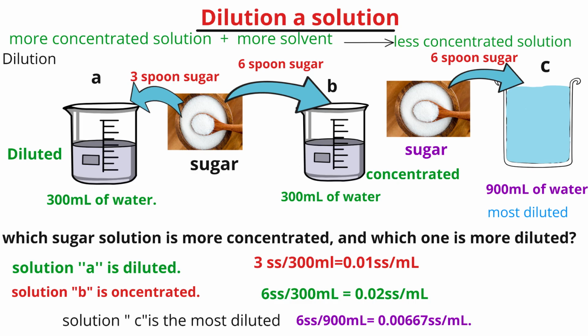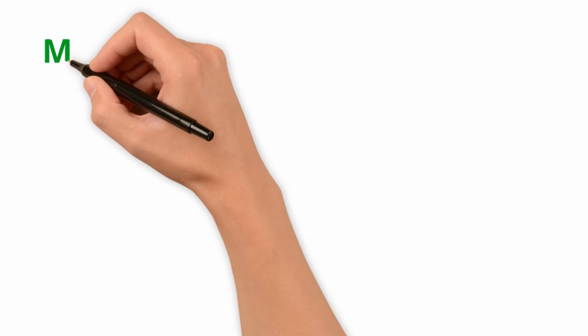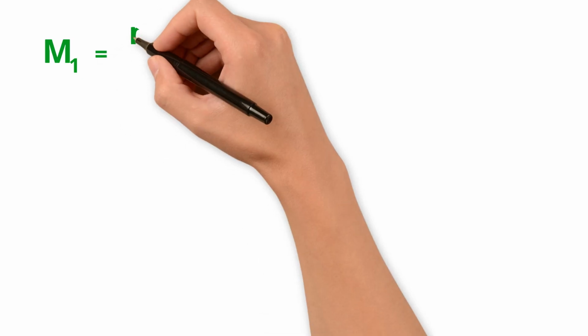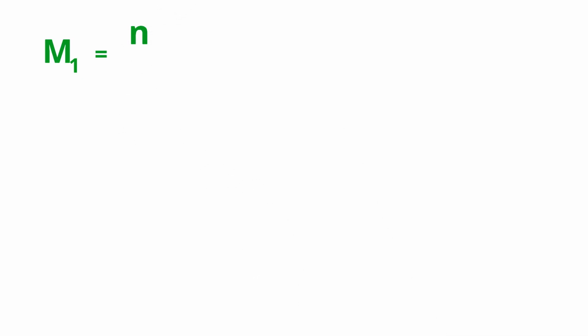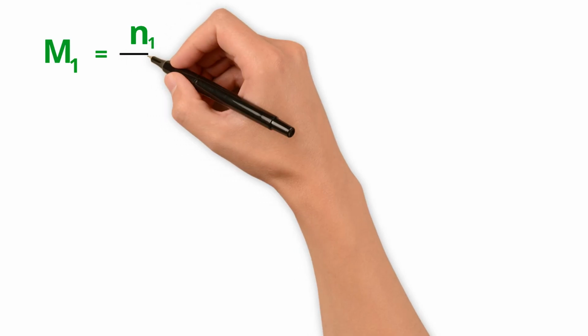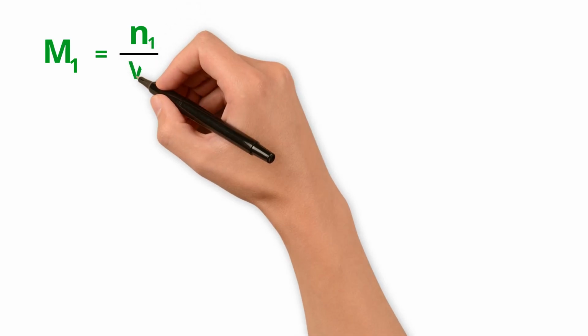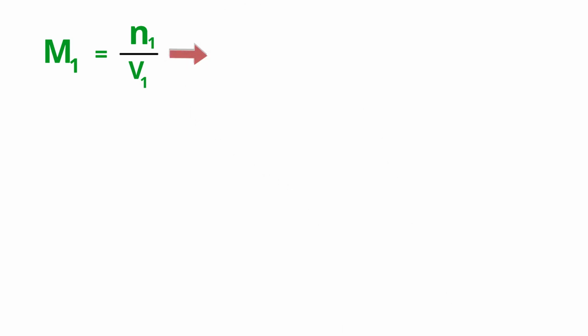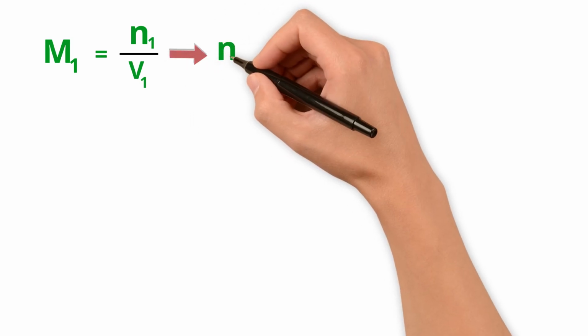M1 is equal to N1 upon V1, which implies that N1 is equal to M1 times V1.